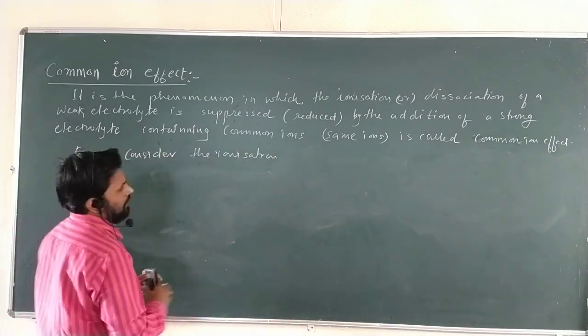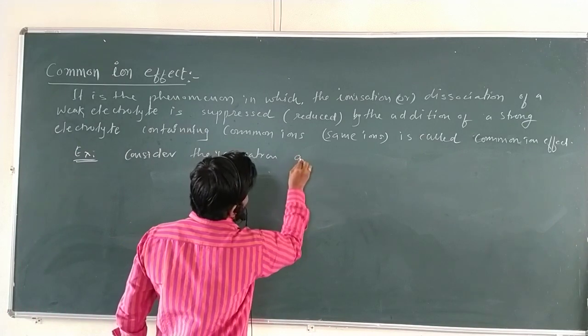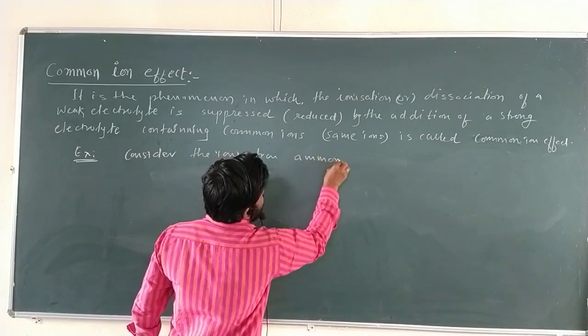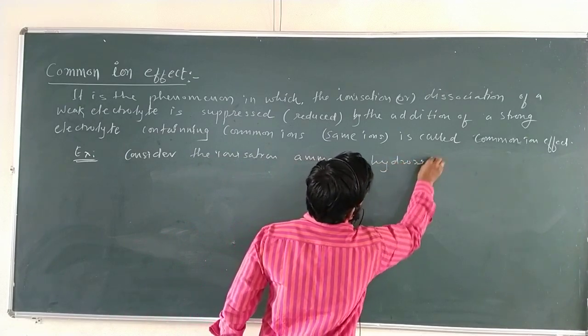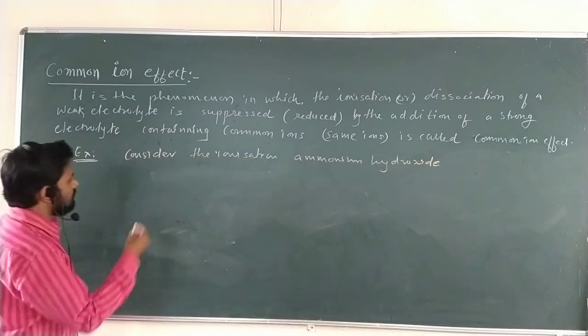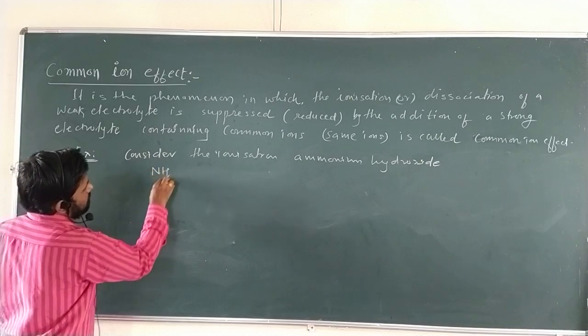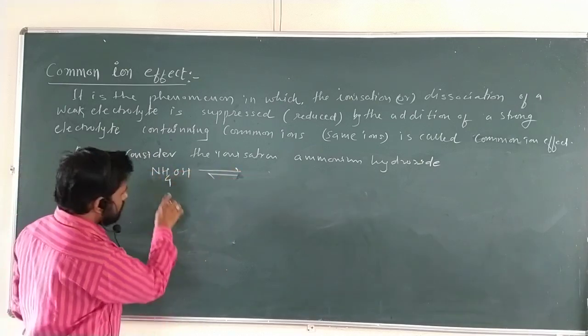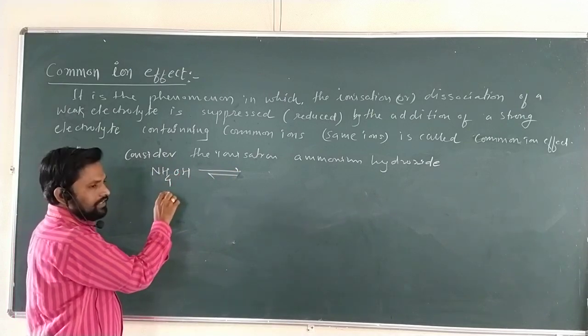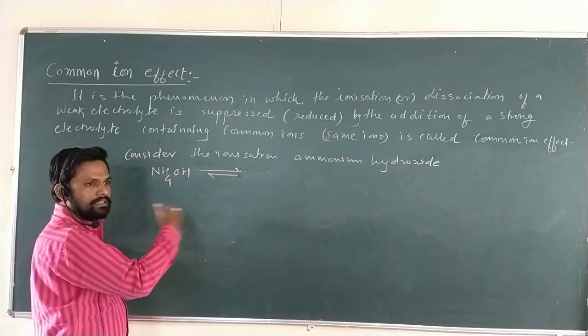Ionization of ammonium hydroxide, for example. Ammonium hydroxide, NH4OH, is a weak base, a weak electrolyte. This you have to remember always: weak electrolytes are in equilibrium in the dissociation.